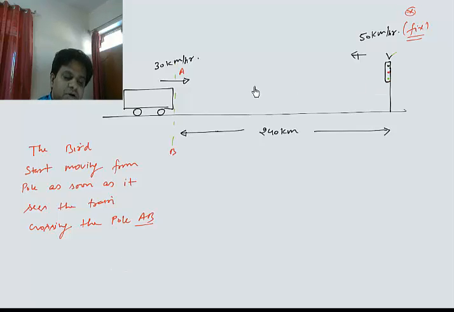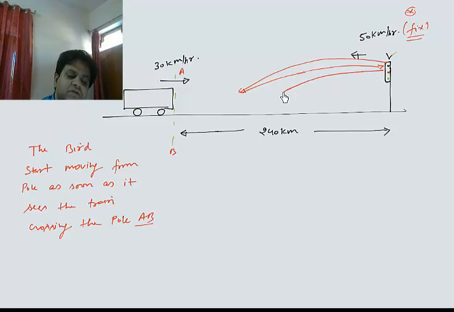So as soon as this bird observes that the train has crossed pole AB, the bird starts moving. And what will happen now is the bird just touches the train and moves back to its original position.